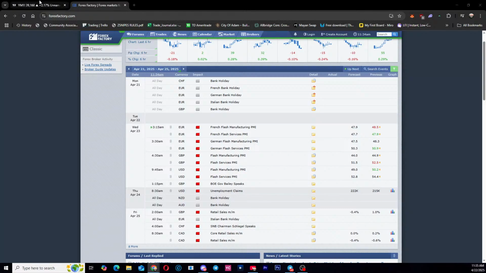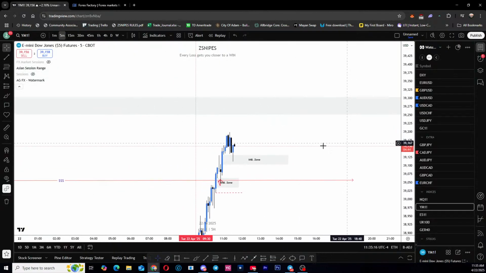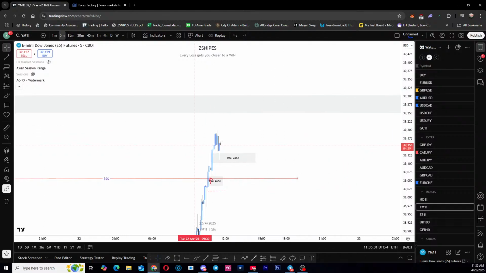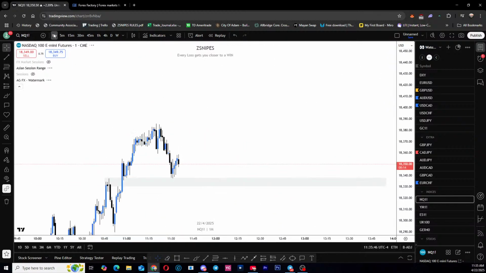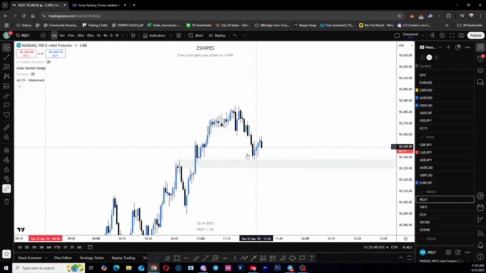I think we closed, all right? Let's see. US 30, be good to me. It's not what I want to see. I want to see up movements. What's NAS doing? NAS looks a little bit better.